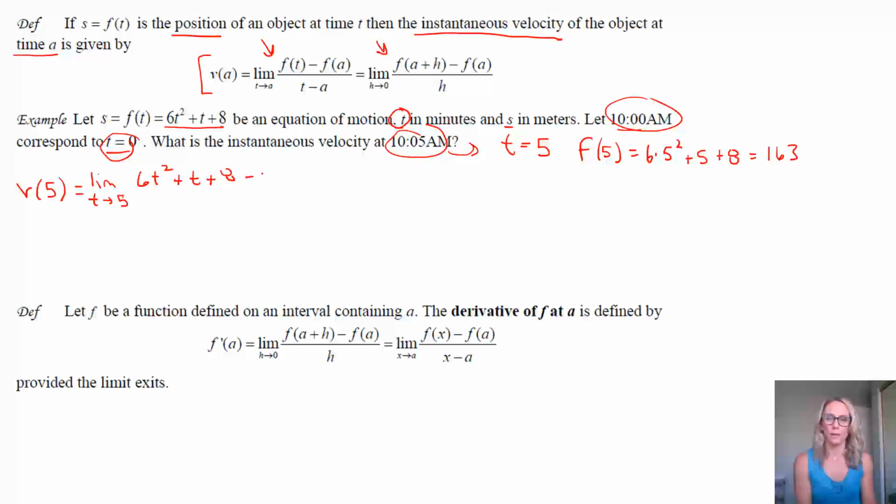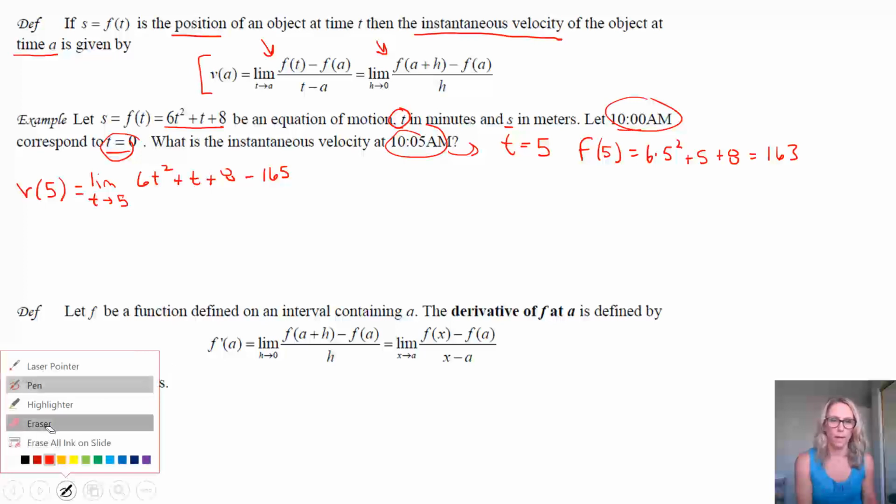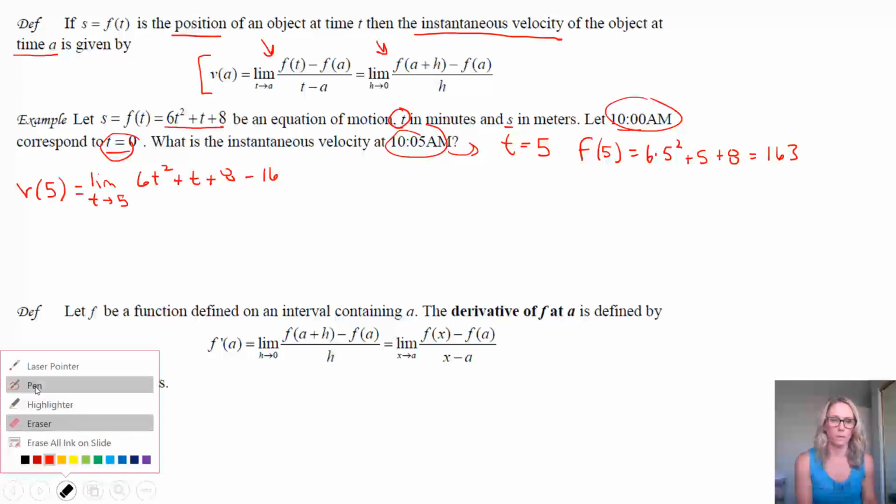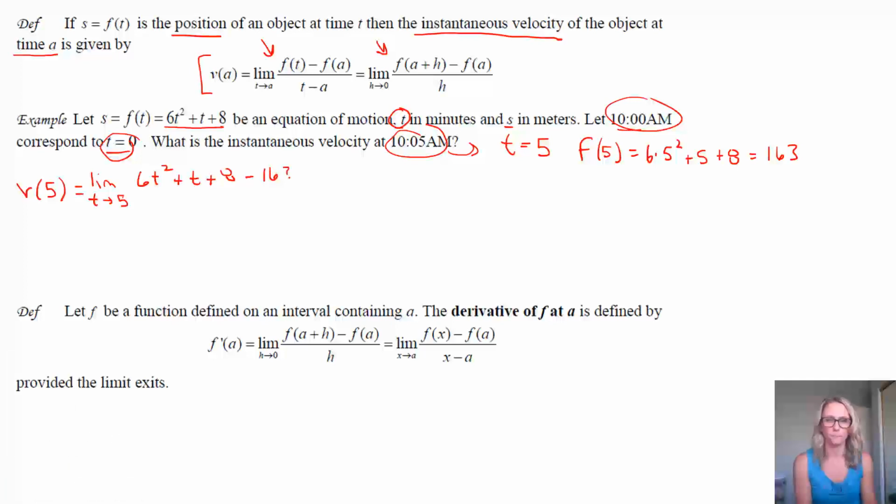So we're going to subtract 163. And then notice that we're going to divide it by t minus a, so t minus 5. And then we just evaluate this limit, and that is the instantaneous velocity by definition from above.